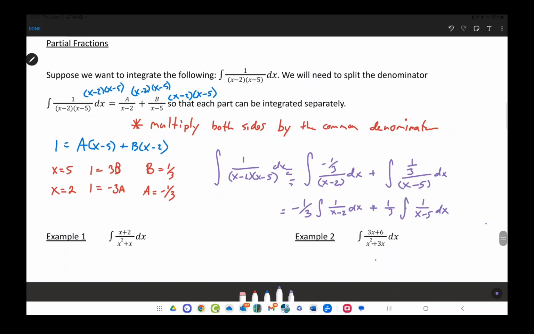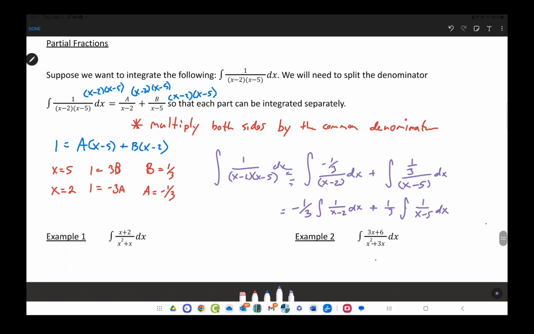See if you remember what derivative gives you 1/x. The natural log. So if I took the derivative of the natural log of x minus 2, you would get 1/(x minus 2).